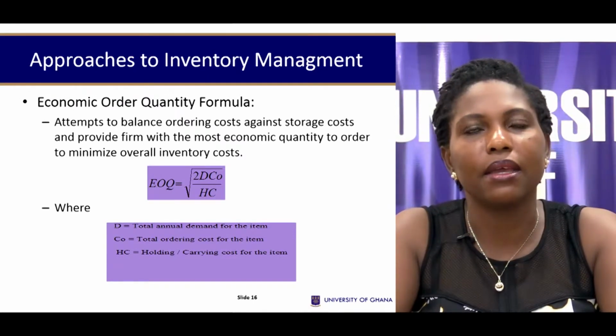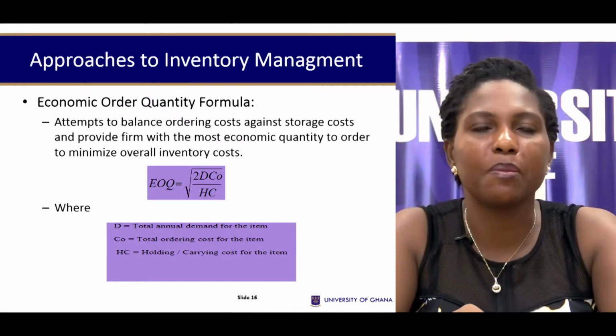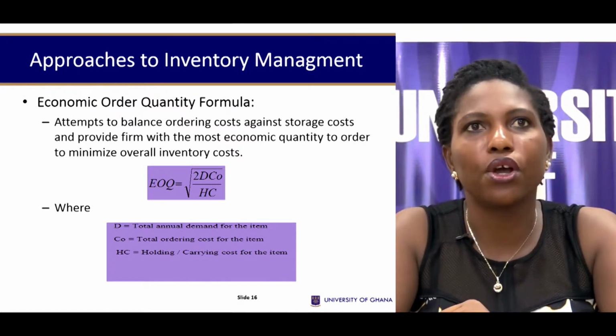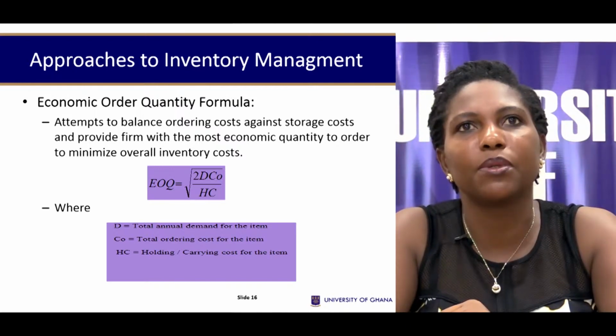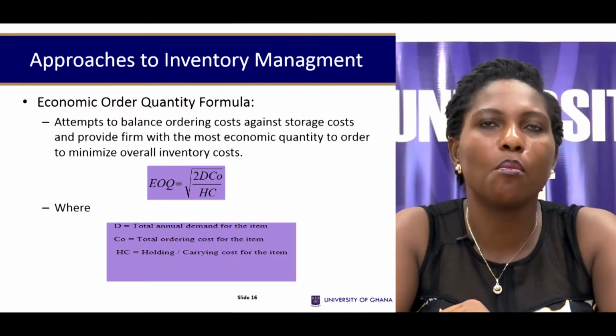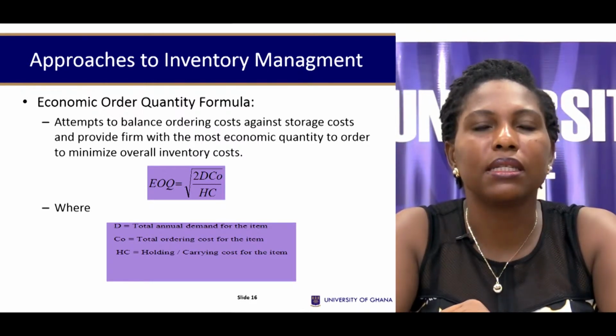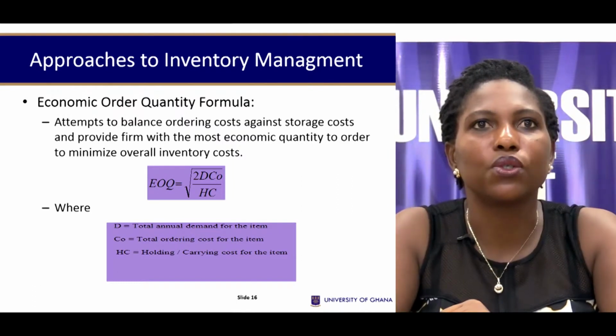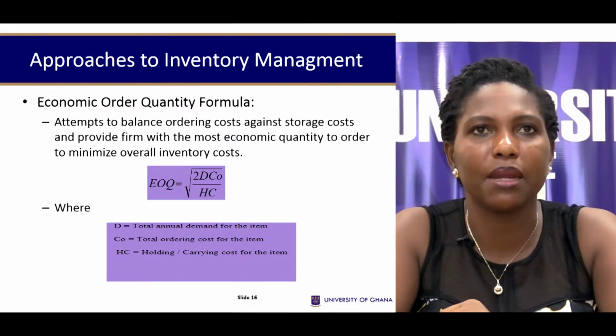Now, one very common approach to inventory management is what is referred to as the EOQ model. This EOQ model tries to find a balance between ordering costs and storage costs and provides the firm with the most optimal quantity that it should order at any point in time that will ensure that its total inventory costs are minimized.